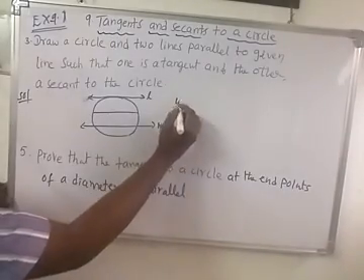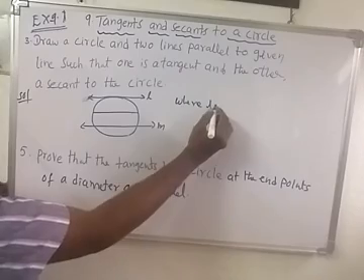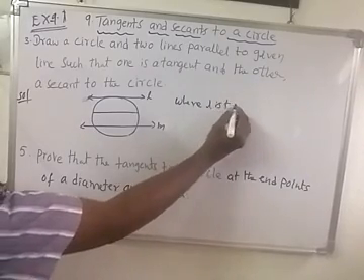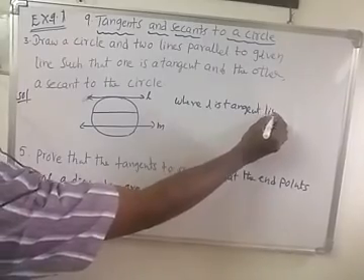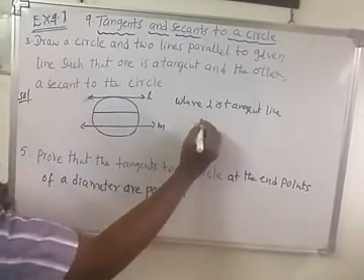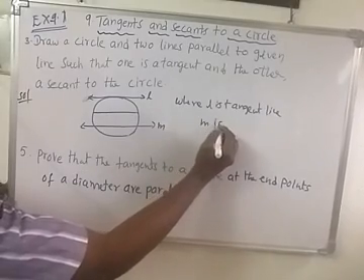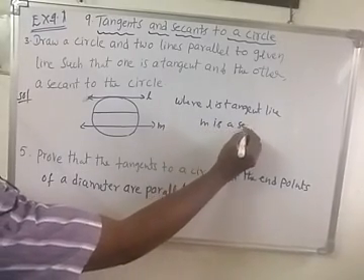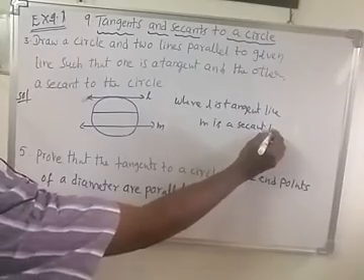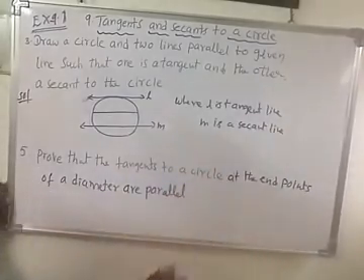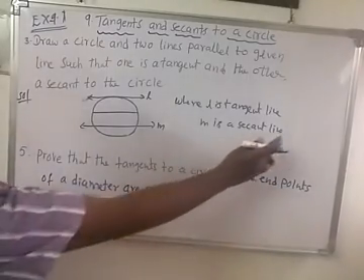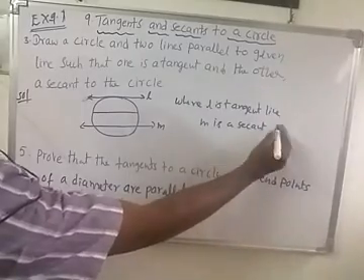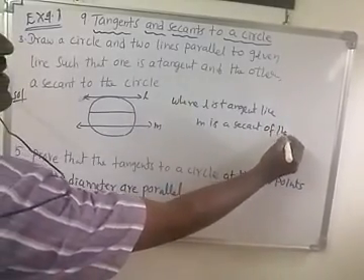So here L is a tangent line of the circle, and M is a secant of the circle.